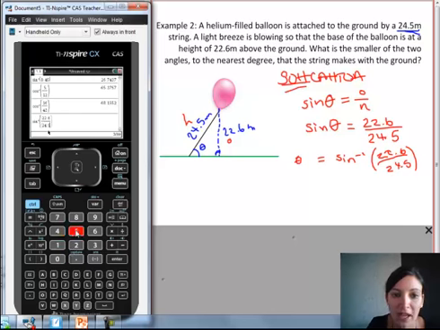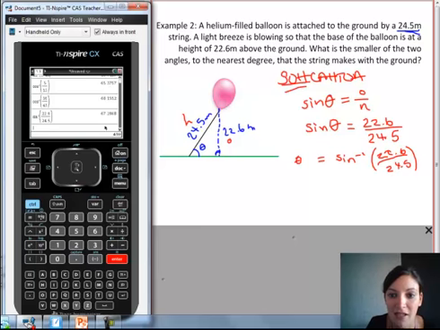Control Enter. And I get an answer of 67.2868. So rounded to the nearest degree, that is 67 degrees. So theta is equal to 67 degrees. And that's my final answer.